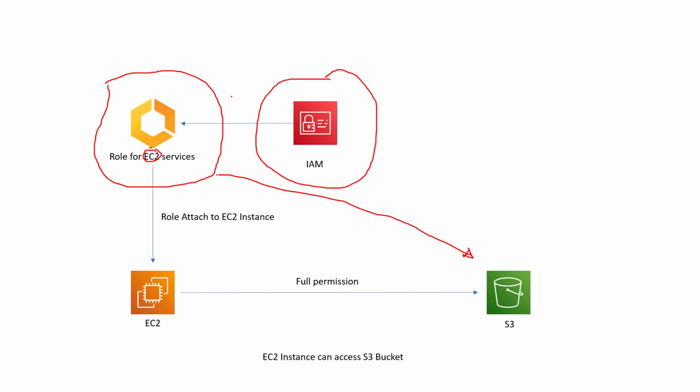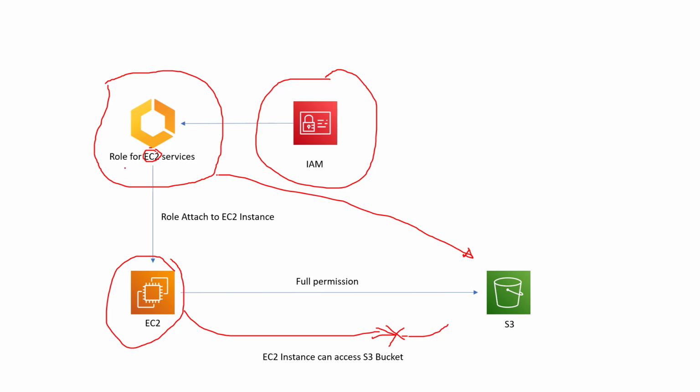Now after creating the role, we have to attach this role to a specific instance. Suppose we created a role for EC2 services. Initially, this EC2 doesn't have any permissions on S3 if we are not attaching this role to it.